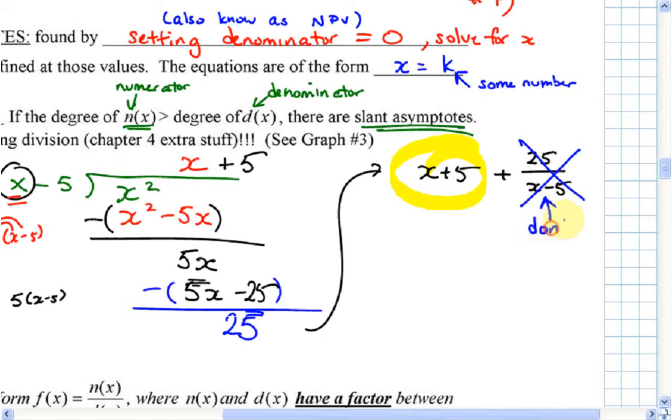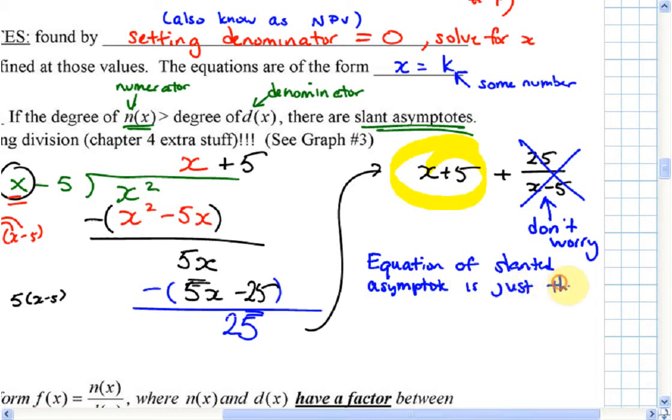We don't worry about the remainder, but I'm telling you the equation of the slanted asymptote is just the quotient of your long division process.